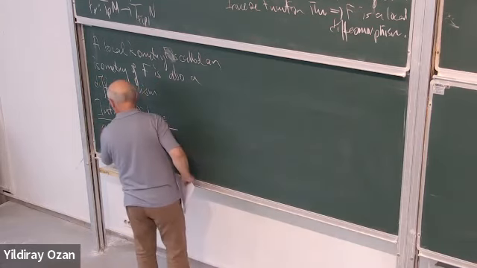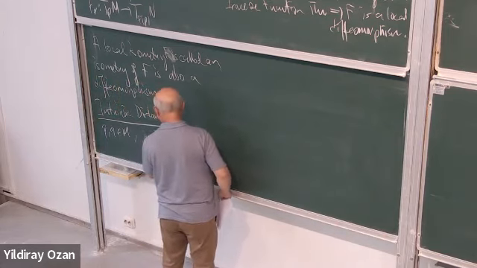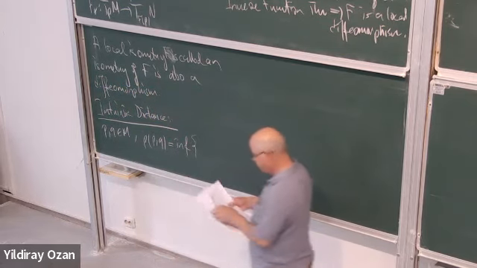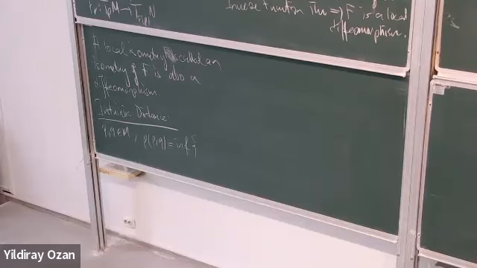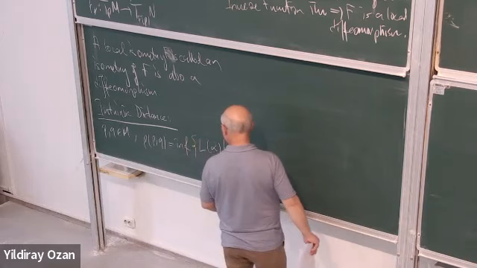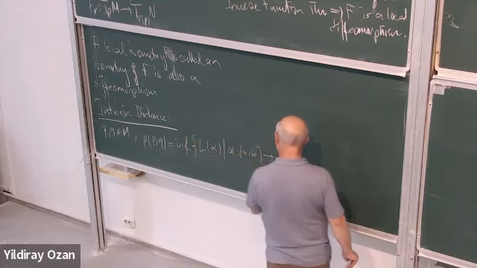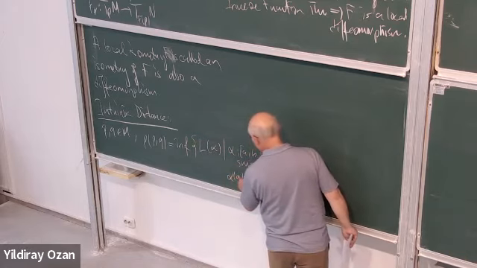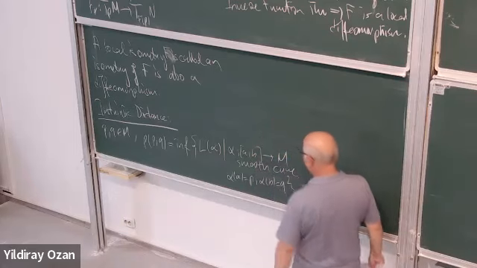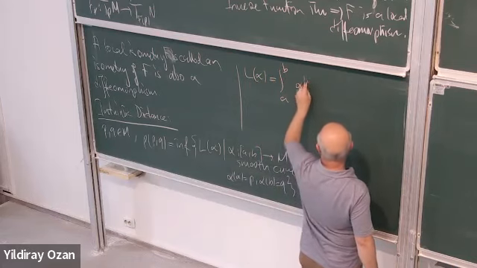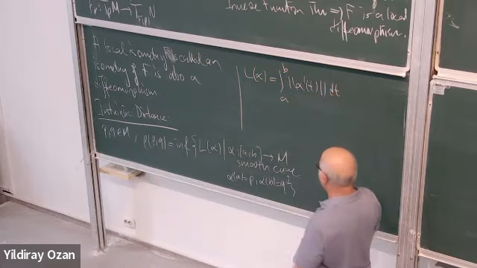If you choose two points on the surface, we define the intrinsic distance between P and Q as the infimum of the length of alpha, where alpha is a smooth path or curve such that alpha of a is P and alpha of b is Q. So you take all the curves, and here this is just the norm of alpha prime. So it's the length of the curve.